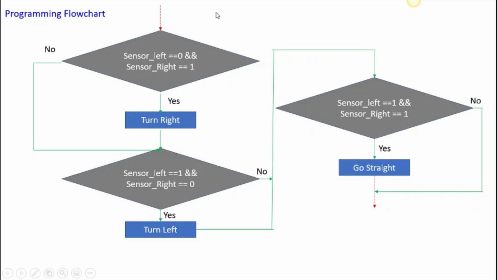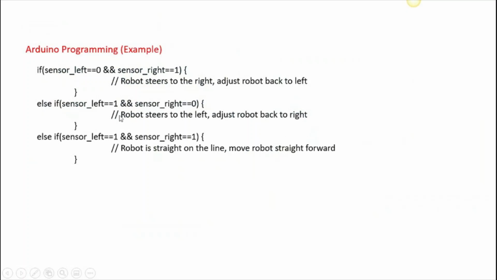So after you have drafted your flowchart, only then you can write your code. From your flowchart, you can write your code. So this is an example of Arduino programming using if then else to write those conditions and then do the necessary function when the condition is true.